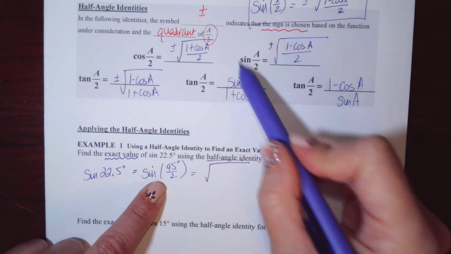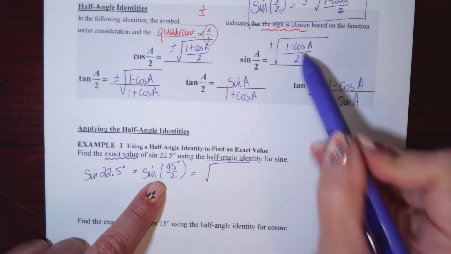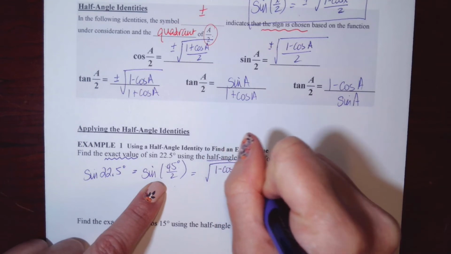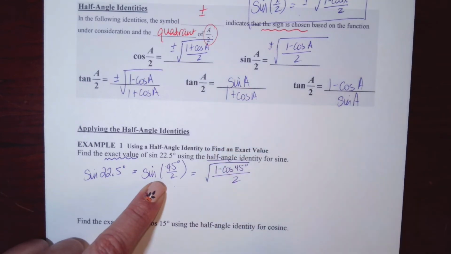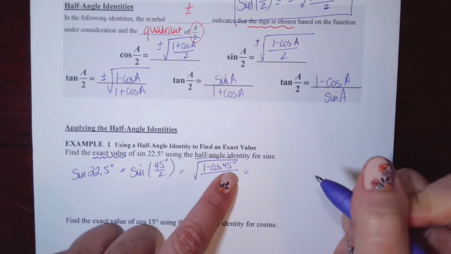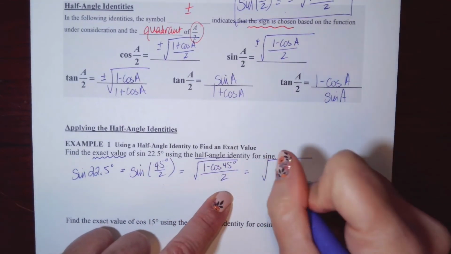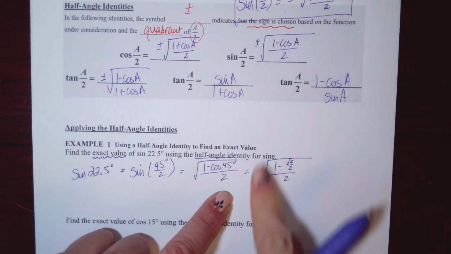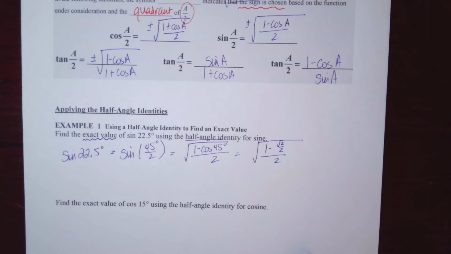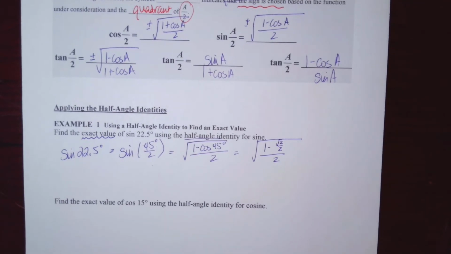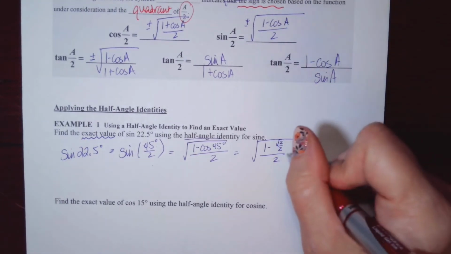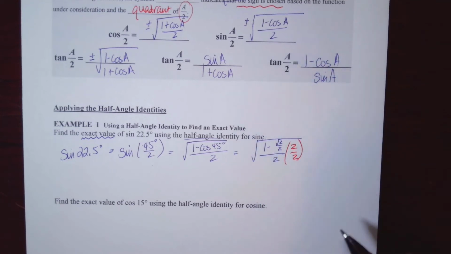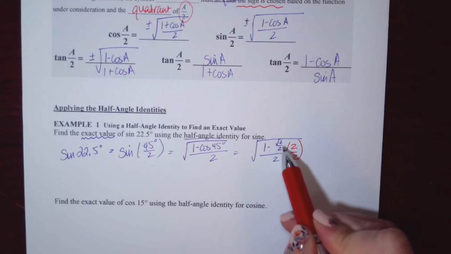Using my half angle identity here, I have the square root of 1 minus cosine A, where A is 45 degrees, so 1 minus cosine of 45 degrees, all over 2. Well, 45 is a special angle. Cosine of 45 is square root 2 over 2. That's all underneath this radical. The easiest way to approach this is to multiply underneath that radical by a well-chosen 1 that's going to clear out this little internal fraction.